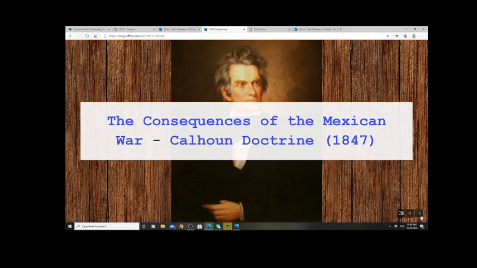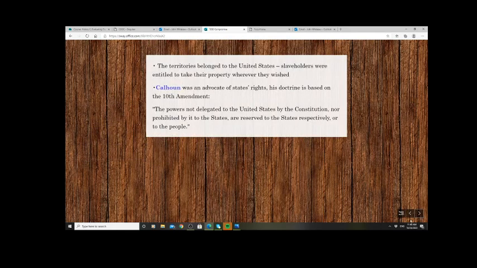Therefore, we have got two contrasting positions about what should happen in the new territories acquired from Mexico: the Wilmot Proviso and Calhoun's position.